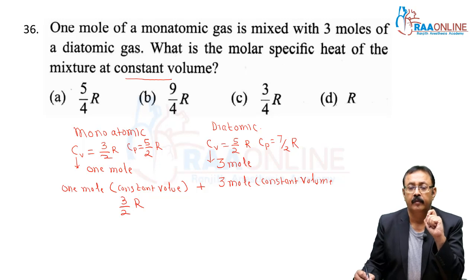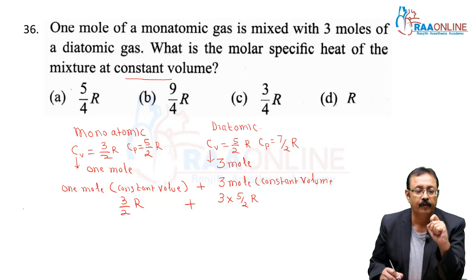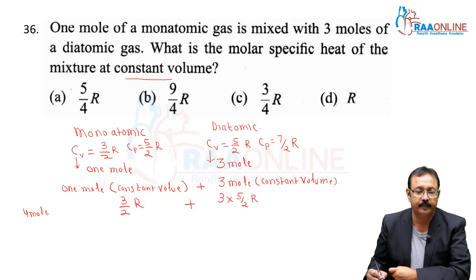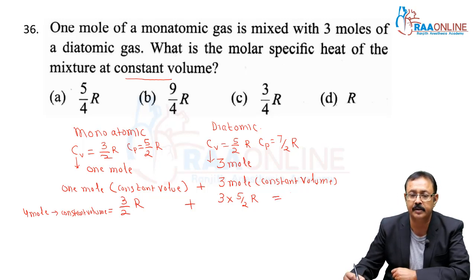For 1 mole to increase its temperature by 1 Kelvin, you need 5 by 2 R. For 3 mole, you need 3 into 5 by 2 R. So the total amount you need for 4 mole, 1 mole monoatomic and 3 mole diatomic, at constant volume, heat required to increase its temperature by 1 Kelvin is equal to 3R by 2 plus 15R by 2, means 18R by 2, means 9R.